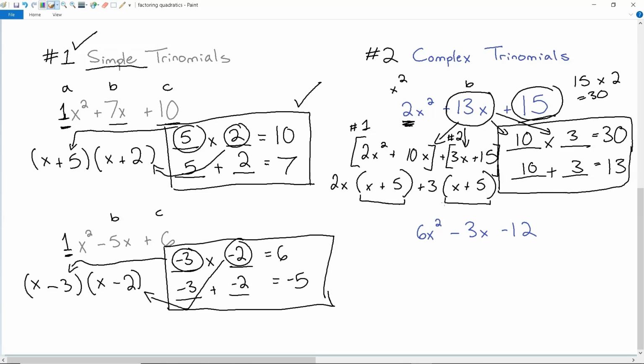What we can do now to get to our final step, or to have it fully in factored form, is to put the terms that are outside of the brackets together in their own separate bracket, like so. I'm going to put 2x and 3 together, and then have our common term of x plus 5 as our second bracket in our answer.